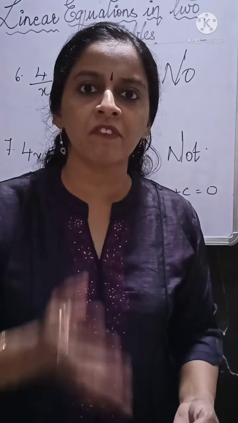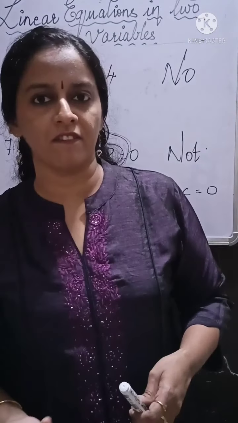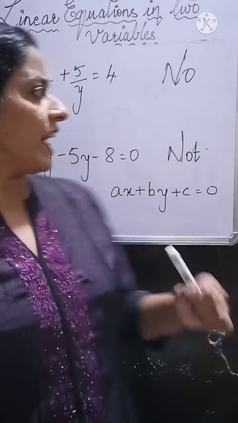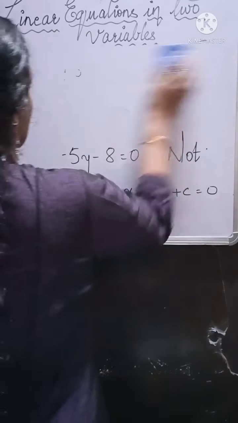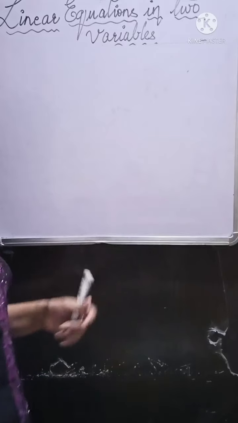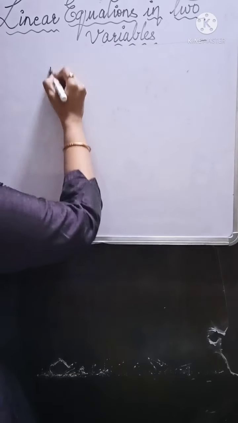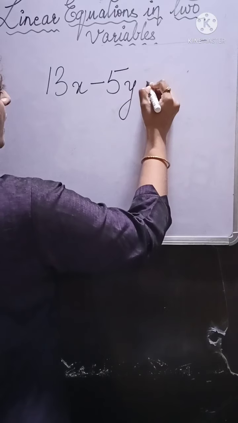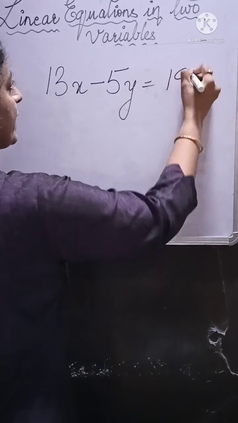Any equation will be given, they will ask you to make it in general form. Let us discuss one such example. Any one equation will be given. Let's take 13x minus 5y is equal to 19.